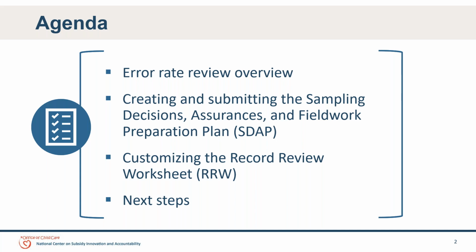These include the Sampling Decisions, Assurances, and Fieldwork Preparation Plan, or the SDAP for short, and the Customized Record Review Worksheet, or the RRW. And we'll be walking through these two in detail. And then before we say goodbye, I'll briefly touch on some next steps and how you can get some support as you begin the error rate process.